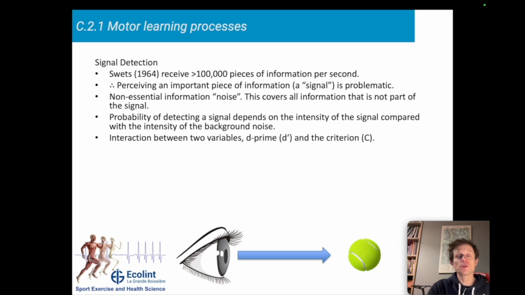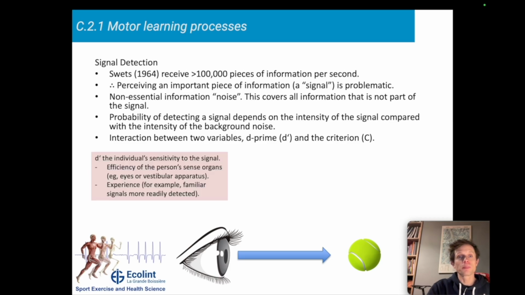The interaction between these two variables, known as d' and the criterion, follows as such. So d' is the individual's sensitivity to the signal. The efficiency of the person's sensory organs, so for example their eyes or their vestibular apparatus or their hearing, is going to obviously have a large impact on your ability to perceive the stimulus.